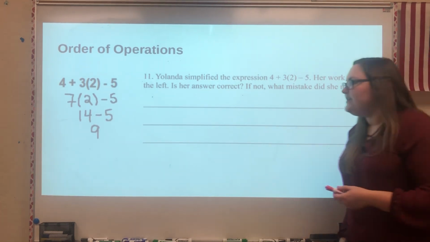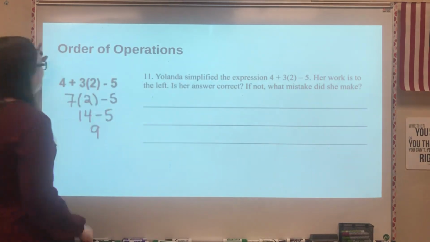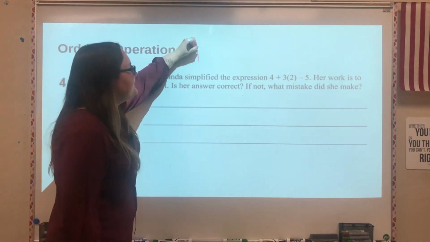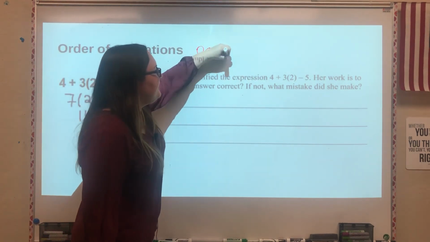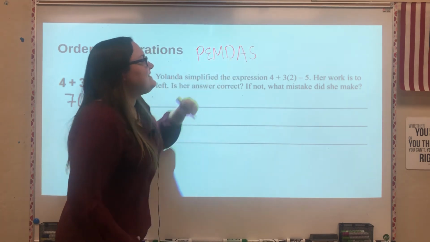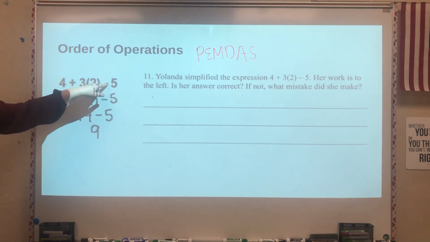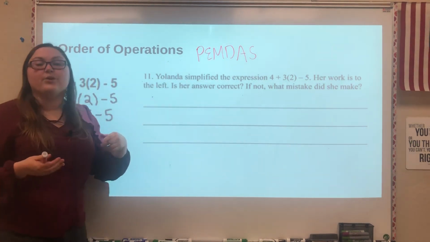All right. So for this problem here, I gave you a clue that we're focusing in on order of operations. Order of operations was that lesson you learned PEMDAS for. We said anytime you are looking at a problem that has more than one operation, you want to use this to tell you the order to do it.